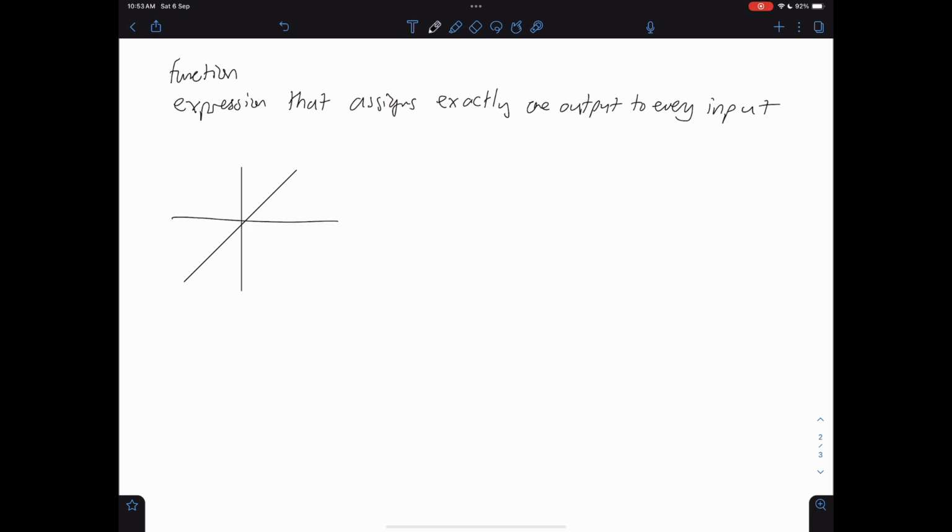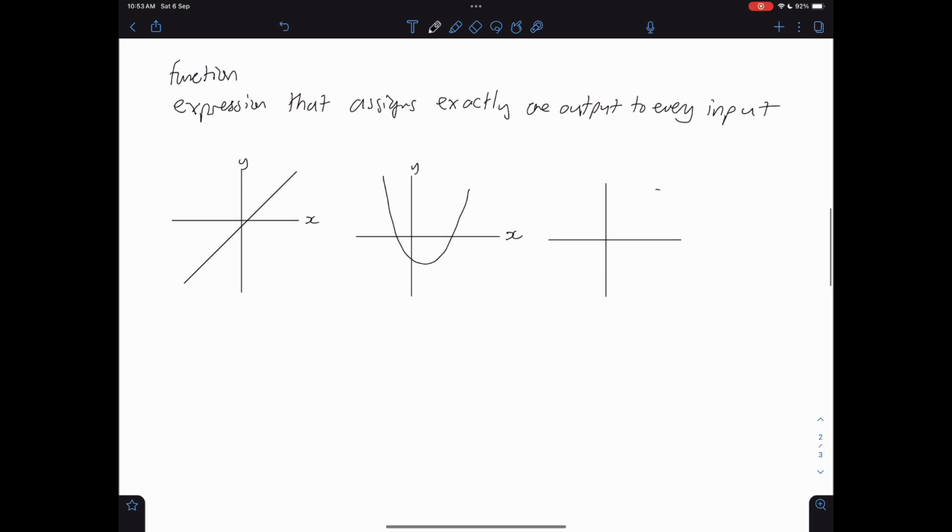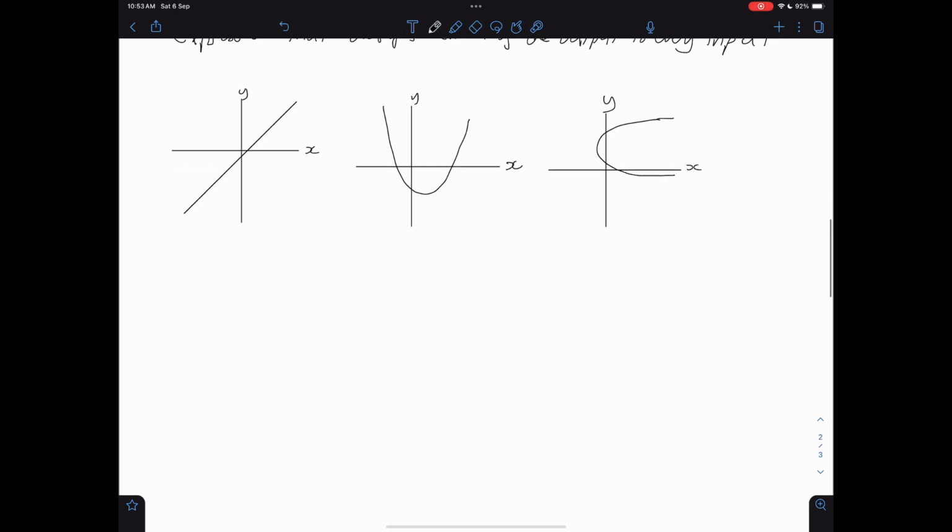I'll just draw axes, x, y. And here are 4 examples.